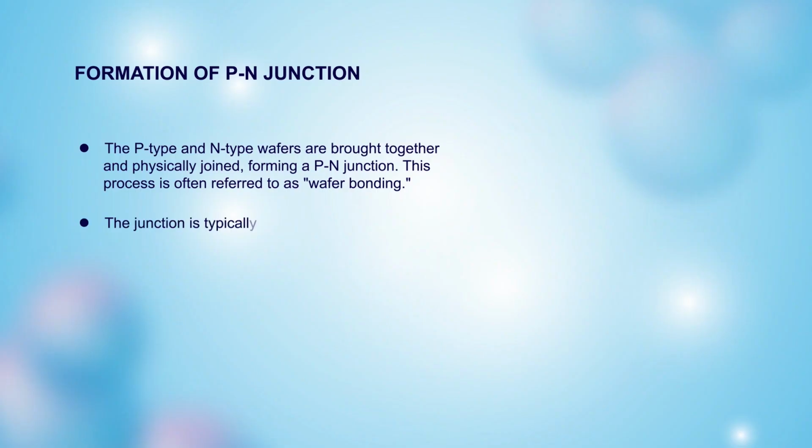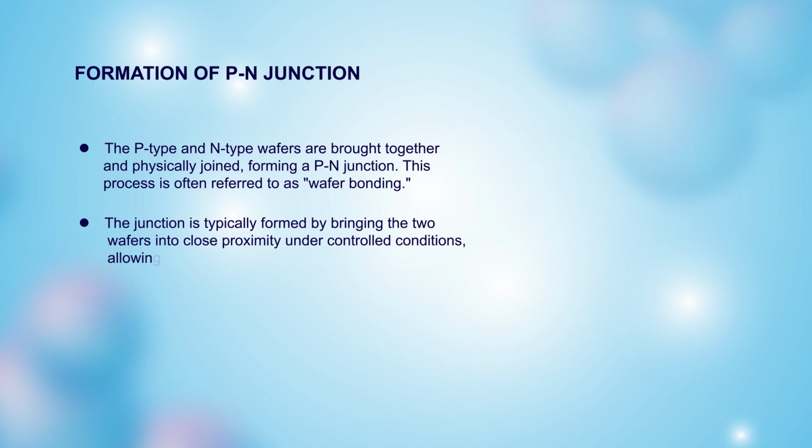The p-type wafer and the n-type wafer are brought together and physically joined, and this process is called wafer bonding. The junction is typically formed by bringing the two wafers into close proximity under controlled conditions, allowing the diffusion of dopant atoms across the interface.